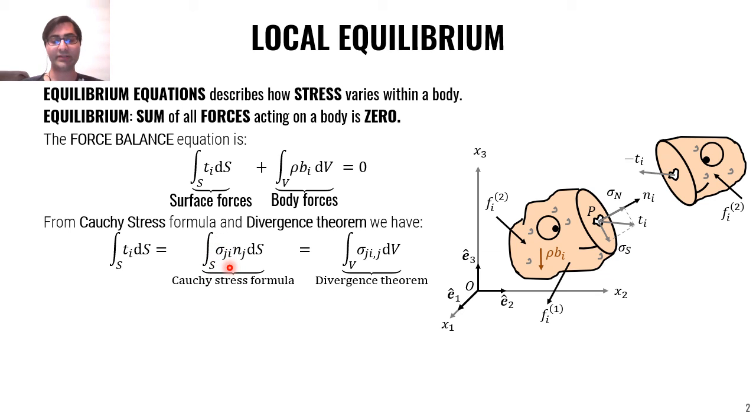Basically, the stress tensor multiplied by the normal to a surface, and then divergence theorem that maps this field over surface to a field over an entire volume gives us integral of sigma ji comma j dv over V. Basically, divergence of a stress tensor.